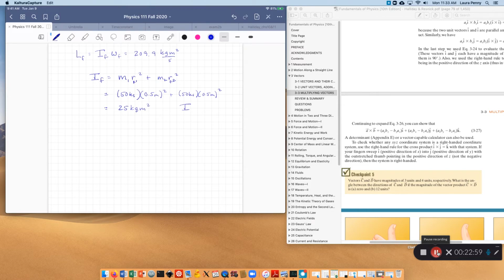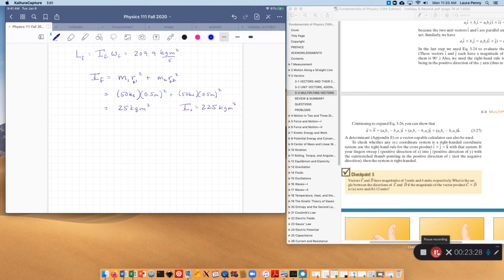The old moment of inertia, remember, was 225. So their inertia has gone down tremendously. Remember, moment of inertia is how we quantify inertia. When they're closer together, they have a lot less inertia. They're closer to that axis, so it's a lot easier to change their rotation speed.